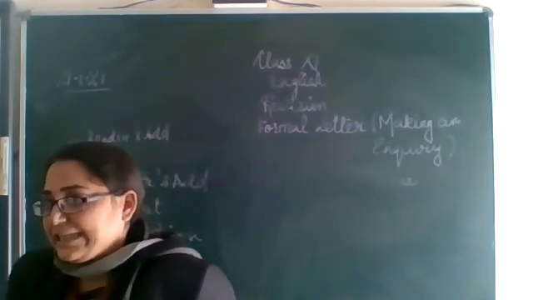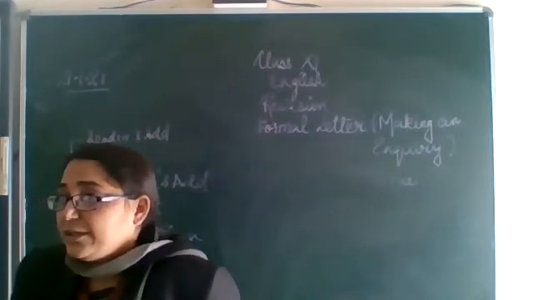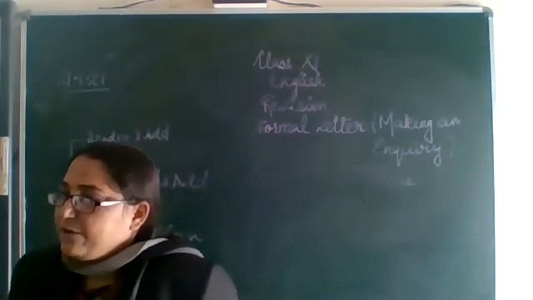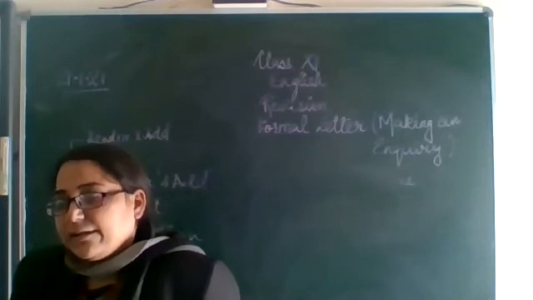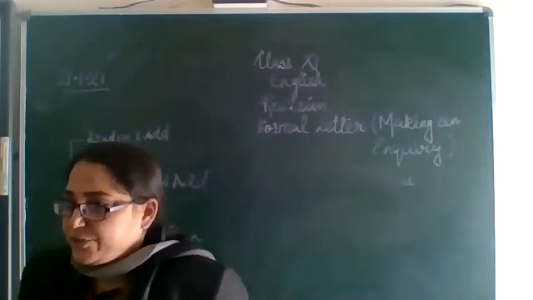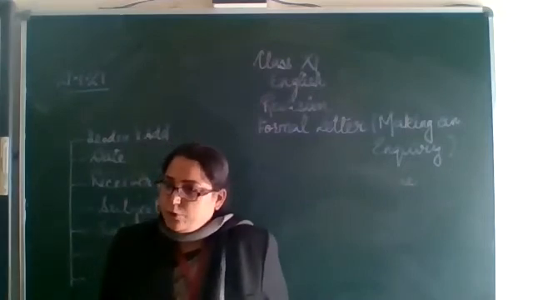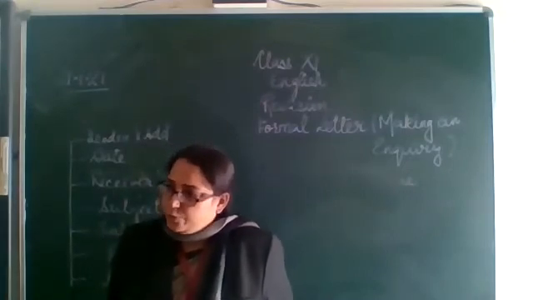We want the details of those scholarships. So how to write this formally? Let's write, I humbly request you, and if you have used the word humbly on the top, then don't use it again. Do not repeat these words.